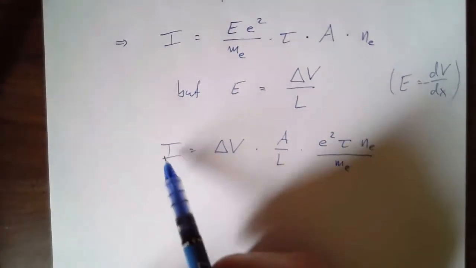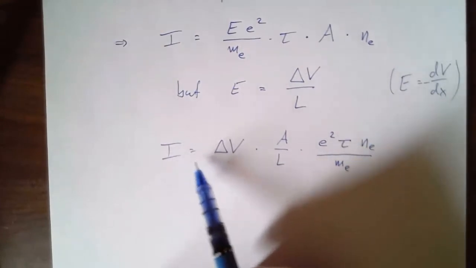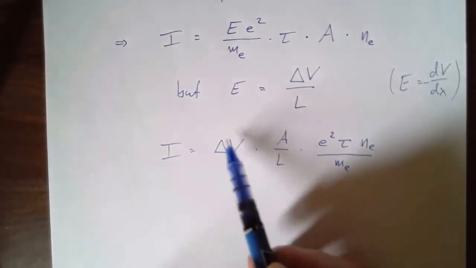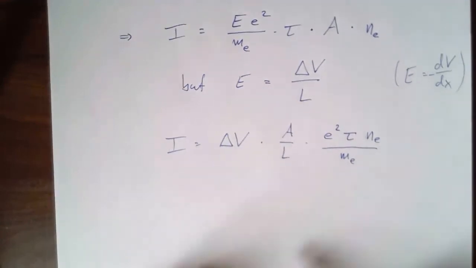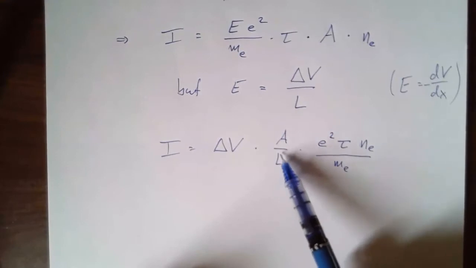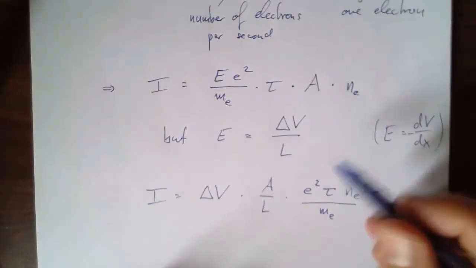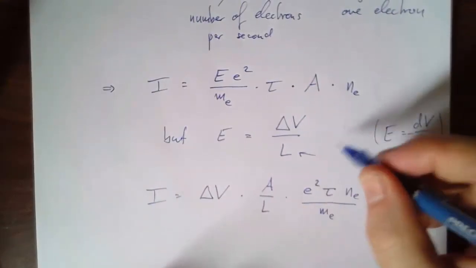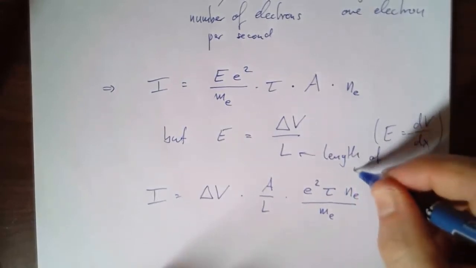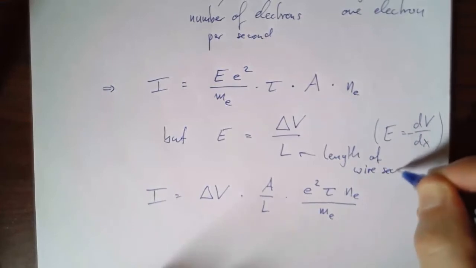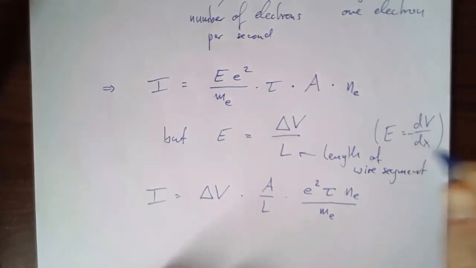So does this look familiar? I, the current, is proportional to the potential difference between the 2 ends of the wire that I'm looking at. The wire has a length L. Should maybe label this here by L. I mean the length of the wire segment across which I'm measuring the potential difference.